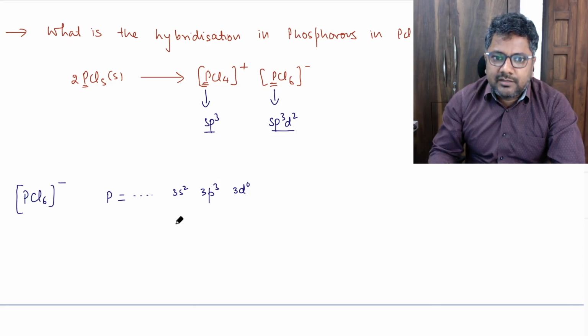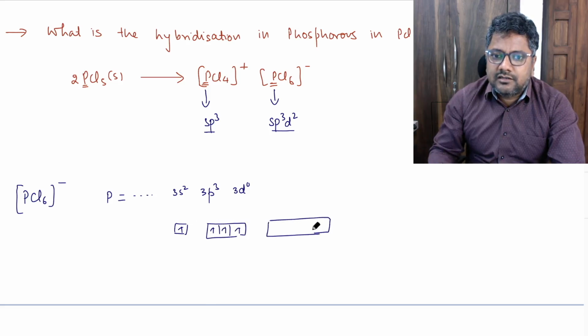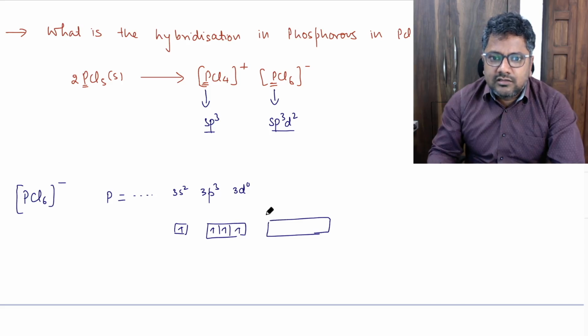So its electronic configuration is like this. 1 electron is here and 3 electrons here and 2 more electrons here. 3 is already there, so only 1 electron will come here. But that is the point I want to explain here. 1, 2, 3, 4. 1, 2, 3, 4, 5.